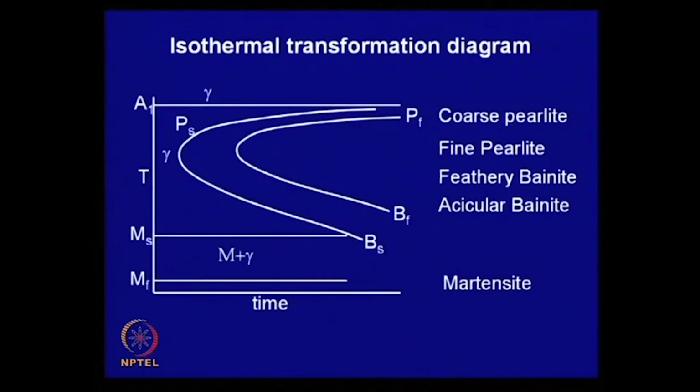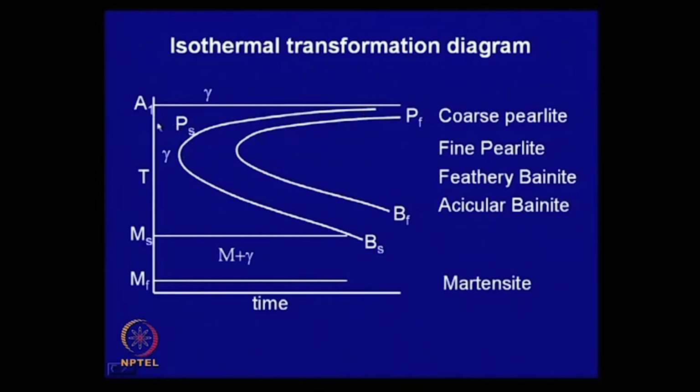Now, if we compile this, what diagram do you get? This is the type of diagram you will get here. This is A1, the critical temperature, above which it is totally austenite. This is where pearlite decomposition begins. This line represents the time.